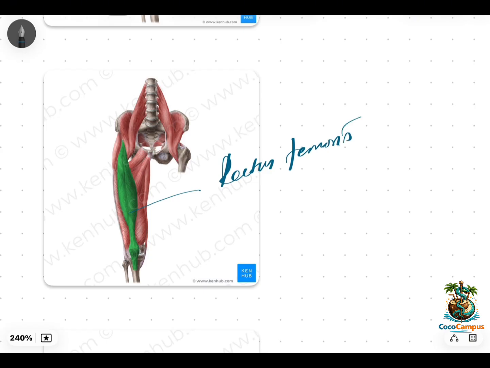Its origin is at the AIIS, anterior inferior iliac spine.